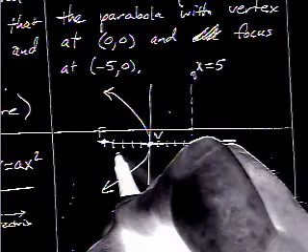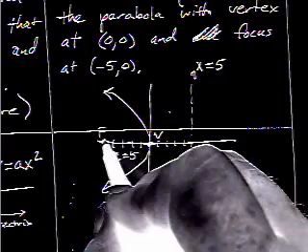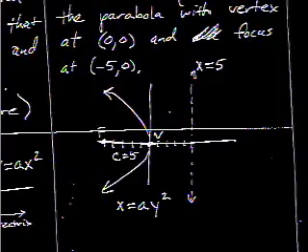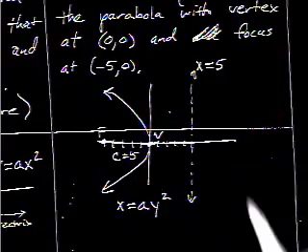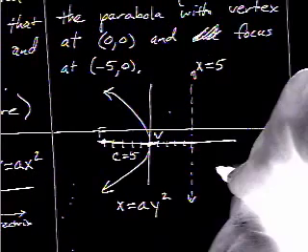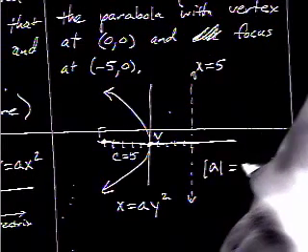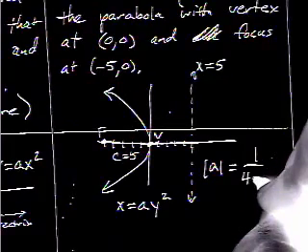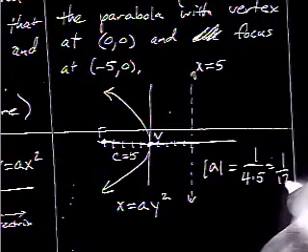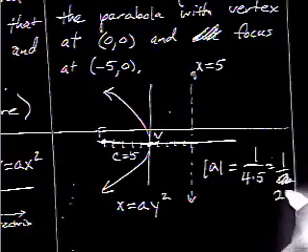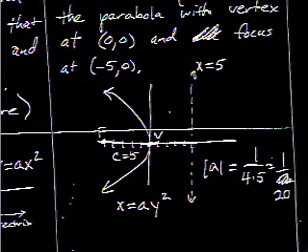The distance C is equal to 5 units, counting from the vertex to the focus or from the vertex to the directrix. So we can use our formula, absolute value of A is 1/4 times C. So we know it's either 1/20 or -1/20.